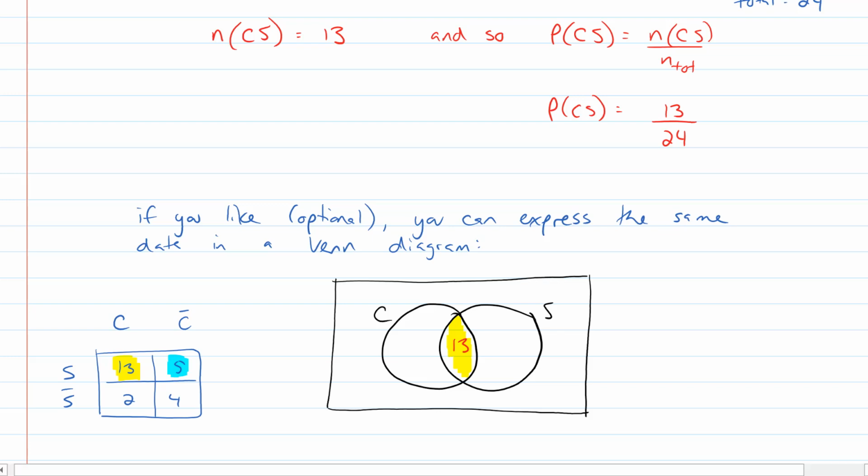And so that would go over on the right, spicy food and not coffee. And circling the people who like coffee but not spicy food would go to the left inside the coffee but outside the spicy and be here. And then that last entry would be on the outside, people who like neither coffee nor spicy food.